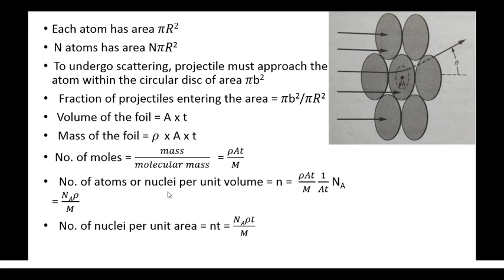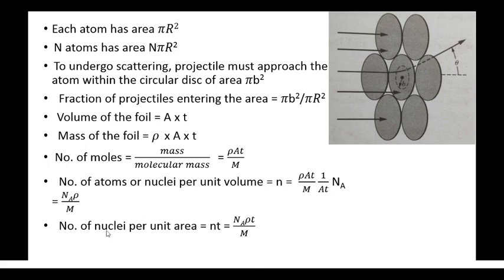The number of atoms or nuclei per unit volume is given by small n, which is equal to, we had already found the number of moles, rho A T by M. Per unit volume means you have to divide it by the volume, that is divided by A T, and to find the number of atoms, you have to multiply it with the Avogadro number Na. So small n is the number of atoms per unit volume. That means a unit volume contains this much small n number of atoms.